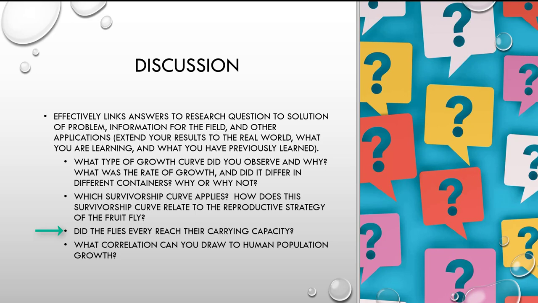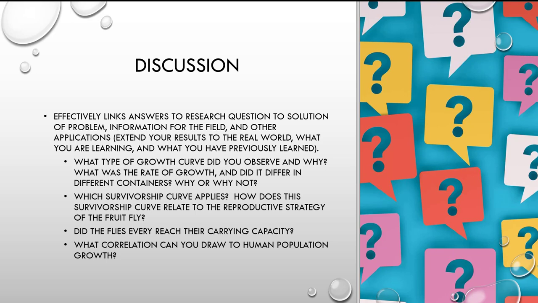Think about those density dependent and density independent factors that came into play, and think about, did they ever reach their carrying capacity? And then, tie that into the human population. What correlation can you draw to our own worldwide human population growth? Do you think the same thing will happen to us?